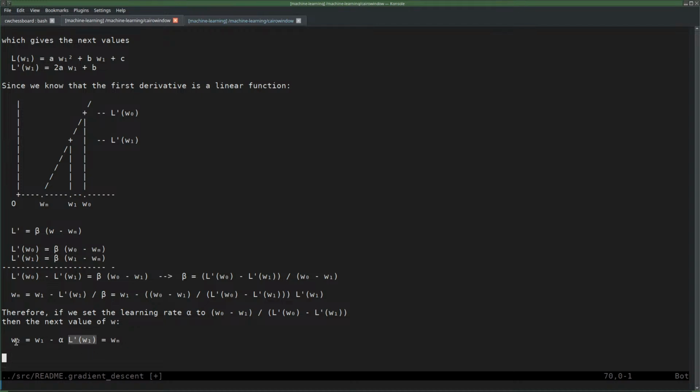So we just get W3 equals Wm, and so on. It just gets stuck on Wm.